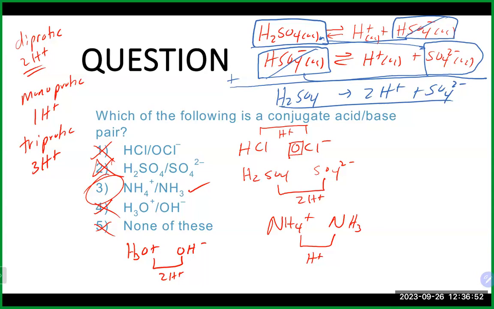But anything that is diprotic or triprotic, those hydrogens will actually come off one step at a time, which is why, again, although obviously H2SO4 and SO4 2 minus are related to each other, they are not considered pairs because it's 2 steps down the road from each other in terms of where they started from. Any questions on that?